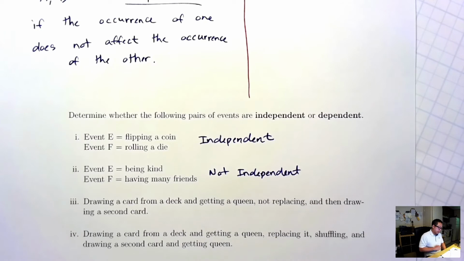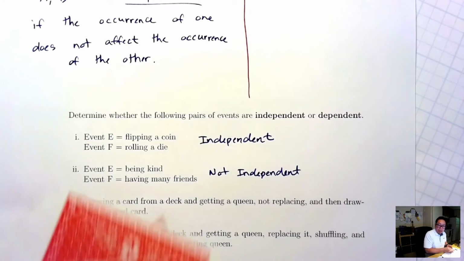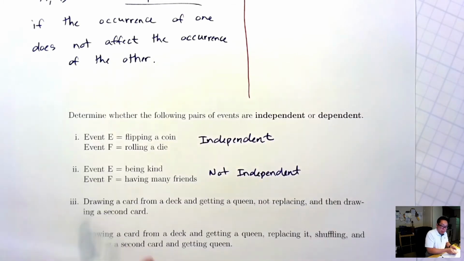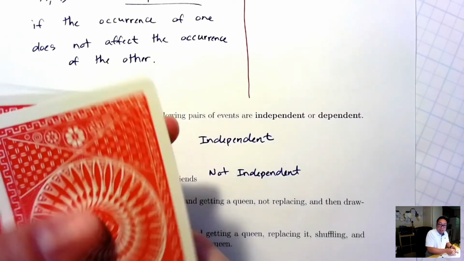Part 3. Drawing a card from deck, getting a queen, not replacing it, and then drawing a second card. Okay, so you take a deck of cards. You take out a queen. Okay, so pretend I shuffled, and then I got a queen.